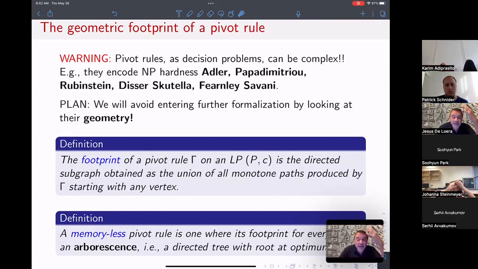An arborescence is a directed tree that has a unique root, and the root is the optimum. So the footprint, again, is the subgraph that you get by looking at all possible paths. You collect all possible paths, and the memoryless ones are the ones where you actually get spanning trees.